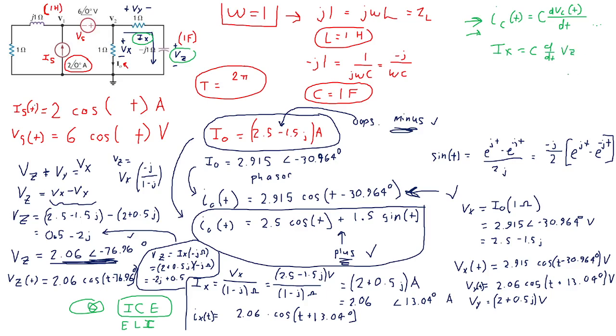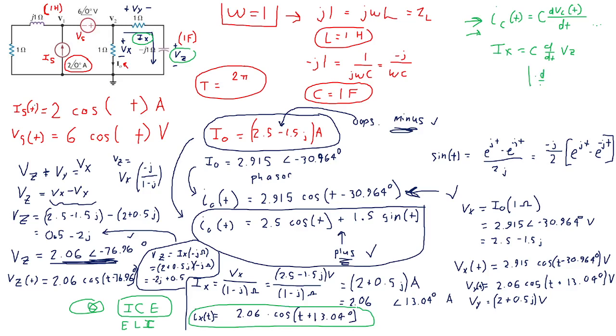So we know the form of Vc of t, it's the Vz here. So we know that Ic of t needs to be C dV dt. And so that's why I checked that if omega is 1, C is 1 farad.